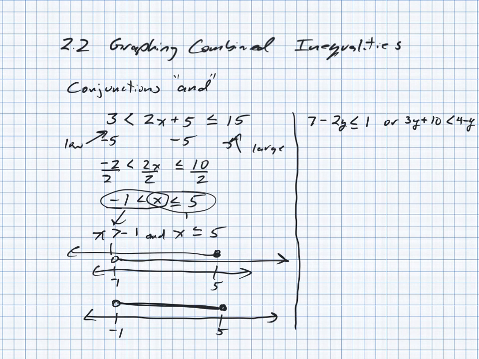I'm running out of space there, sorry about that. Anyway, let's go ahead and solve the first one for y. We subtract 7 from both sides, so we get minus 2y less than or equal to negative 6. Dividing both sides by negative 2, remember it's a negative 2, so y is now greater than or equal to positive 3.